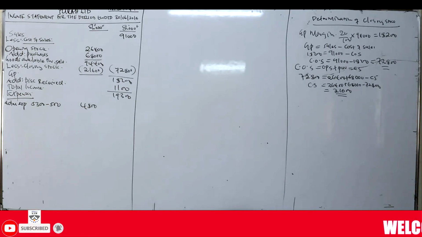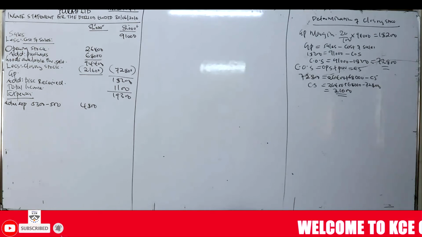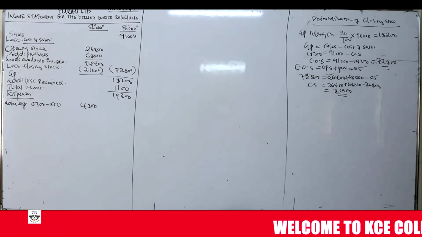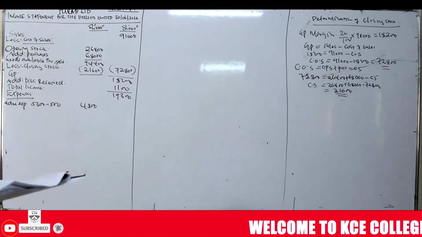The amount of insurance paid, how much? Insurance is 2,100. Divide that amount by 3. So 700 per year.